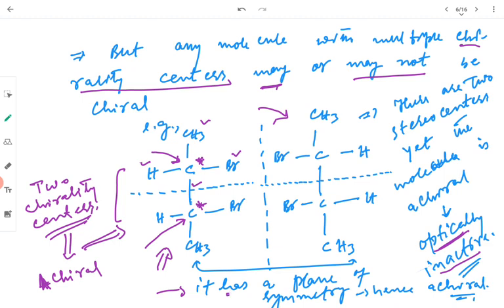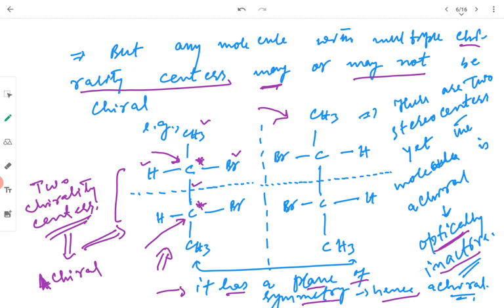Despite having two chirality centers, this molecule is achiral. The reason is that it has a plane of symmetry, which I am going to explain in detail in coming slides in this very lecture. That's why this molecule is achiral.